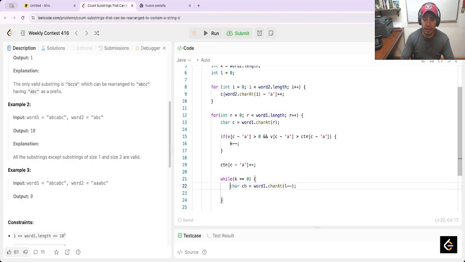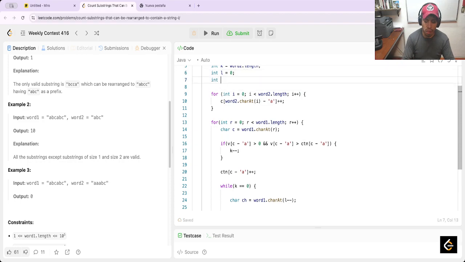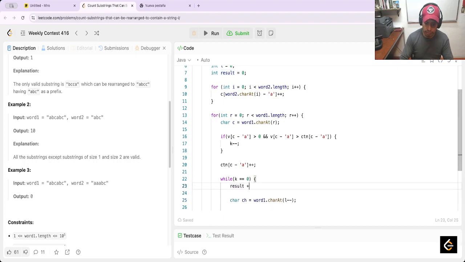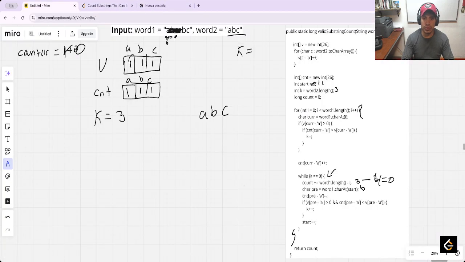Now first is calculate how many substrings, result it's equal 0, yeah, and here is result plus equal, yeah, and here is word 2 dot length, no, is word, I think that is word 1 and not word 2.